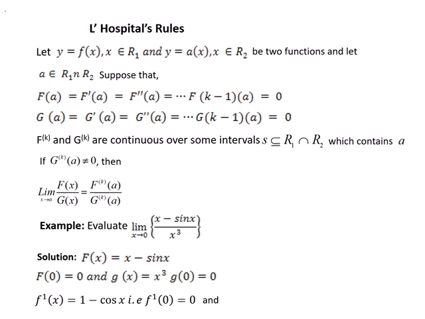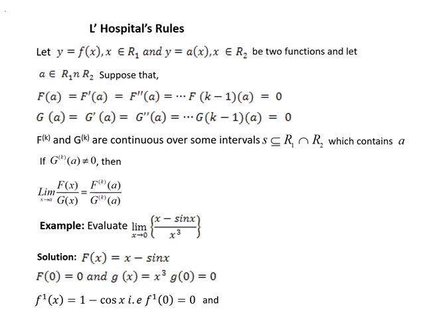Suppose that f of a equals f prime of a equals f double prime of a equals and on to f to the k minus 1 of a, which is equal to 0. g of a equals g prime of a equals g double prime of a equals and on to g to the k minus 1 of a equals 0. f to the k and g to the k are continuous over some interval, a subset of R1 intersect R2 which contains a, if g to the k of a is not equal to 0.